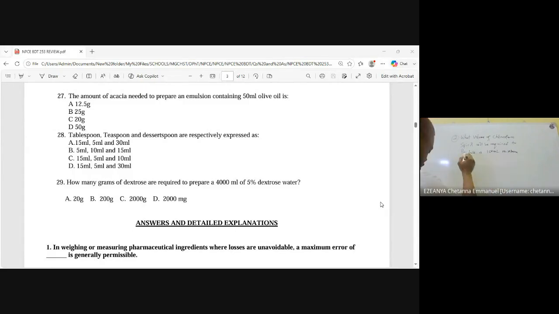A, 0.4 ml. B, 4 ml. C, 40 ml. D, 8 ml. E, 2 ml.